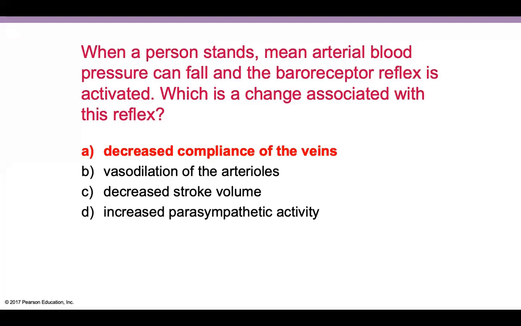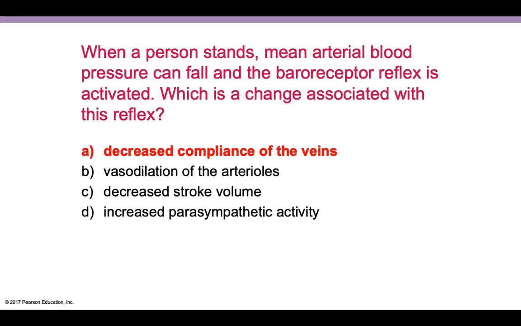So it's asking about the baroreceptor reflex and the response that is activated, not necessarily what's happening when someone stands. The response activated from the baroreceptor reflex is going to be that venomotor tone that we spoke about. The sympathetic nervous system will respond by stimulating the veins.